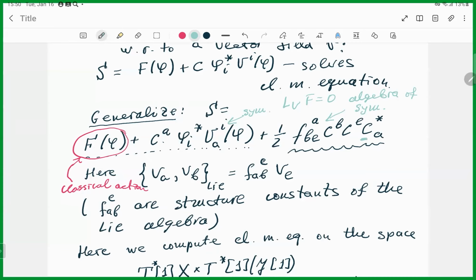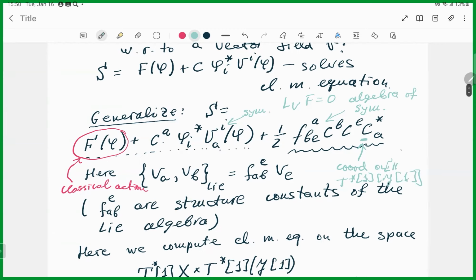It is C star. Coordinates on T star of 1, shift of Lie algebra of 1. But this is isomorphic to G dual.